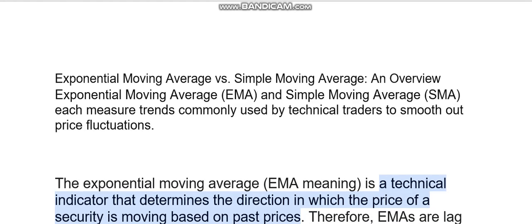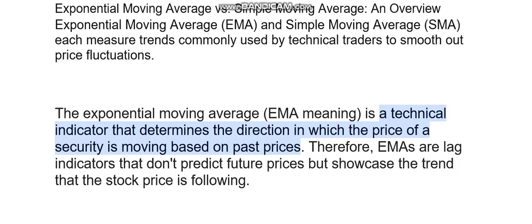Exponential moving average versus simple moving average. What is the difference? An overview: exponential moving average (EMA) and simple moving average (SMA) each measure trends commonly used by technical traders to smooth out price fluctuations.